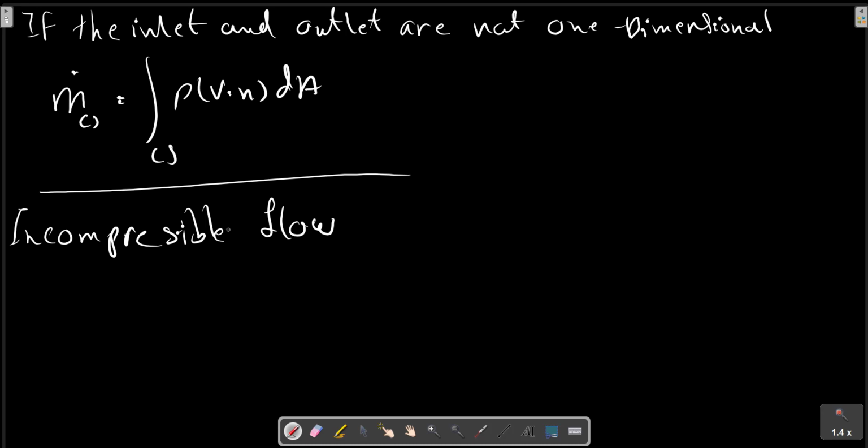As we saw in the previous chapter, all liquids are nearly incompressible, and gas flows can behave as if they were incompressible, particularly if the gas velocity is less than about 30% of the speed of sound of the gas.